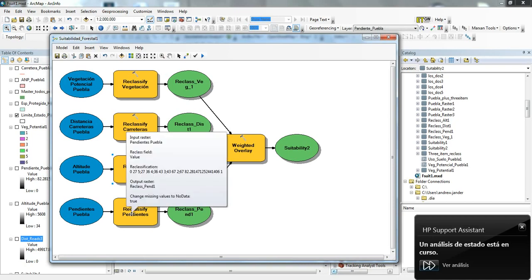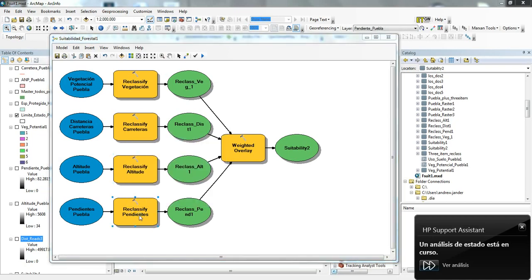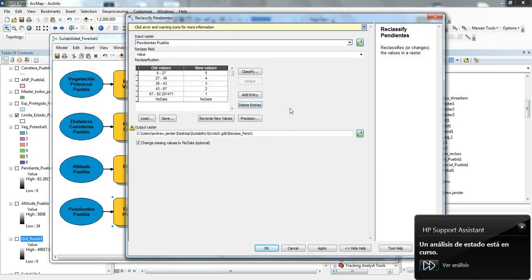The other one we looked at is the slope, the landscape. And basically, if you have a really steep area, such as all the way up to 82% slope, it's not a very good area as far as getting into the area and actually cutting the trees and doing the timber harvest, because then you open it up to a lot of erosion possibilities.